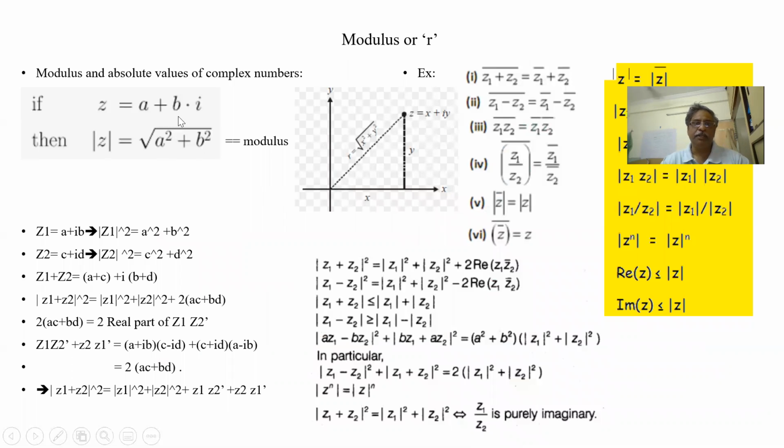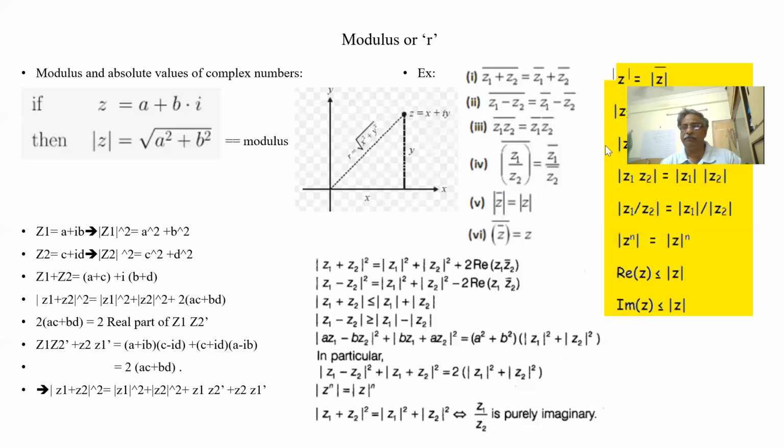So A plus IB is Z, Z bar is A minus IB, and the bar of Z bar is A minus of minus IB, that means A plus IB. That is Z. So that is what is given here: double bar of Z is Z. One mirror image and mirror again another mirror image is the same. So this is regarding my vectors.